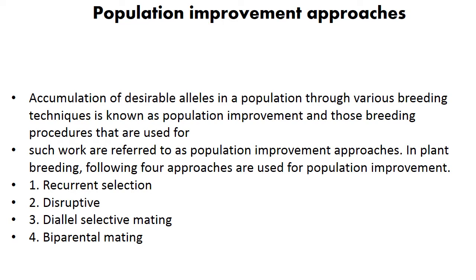In breeding, four approaches are generally used for population improvement: recurrent selection, disruptive selection, diallel selective mating and biparental mating. Don't get confused between population improvement approaches and methods. Approaches are what we have mentioned here, but the methods are different, that is intrapopulation and interpopulation. We'll discuss it in the later part of this presentation.